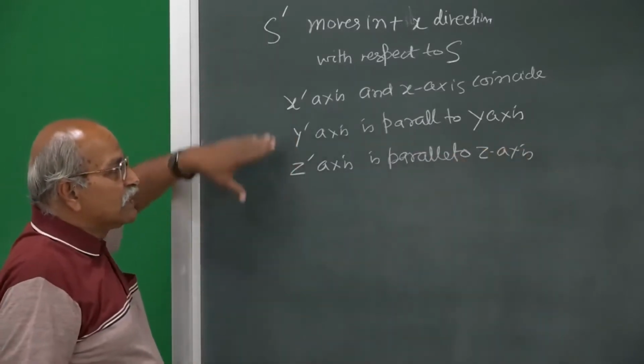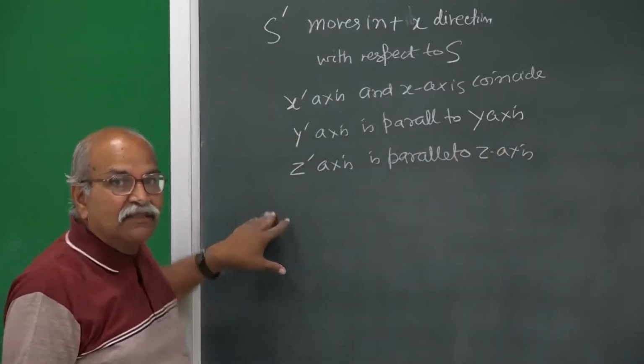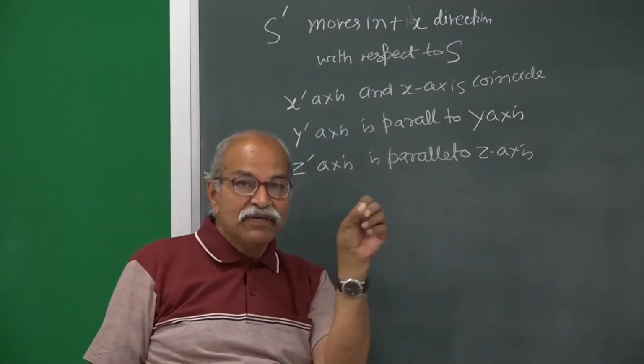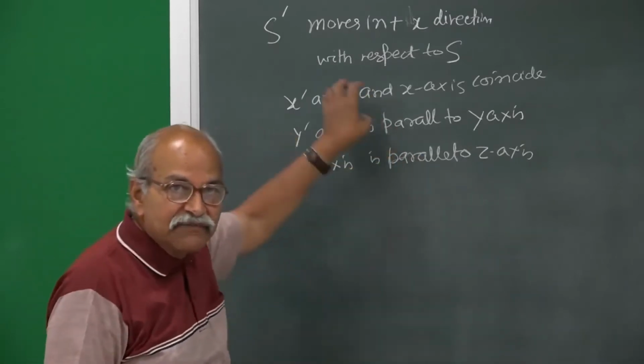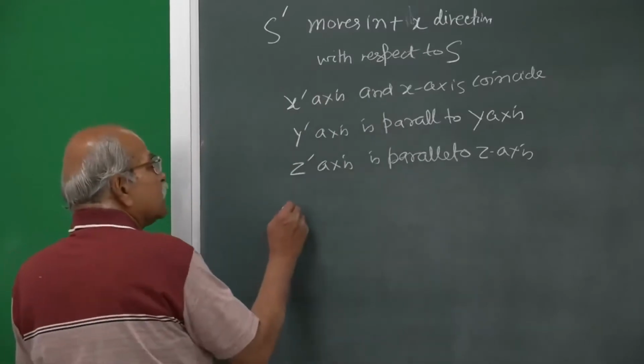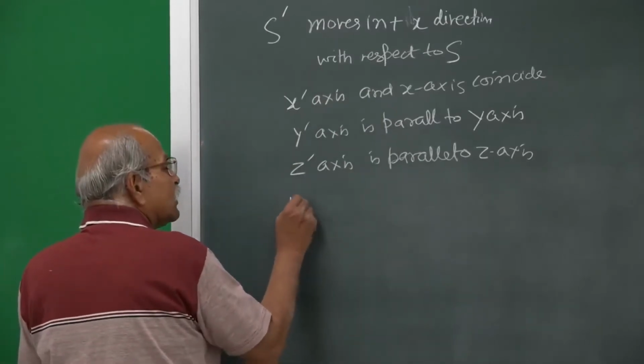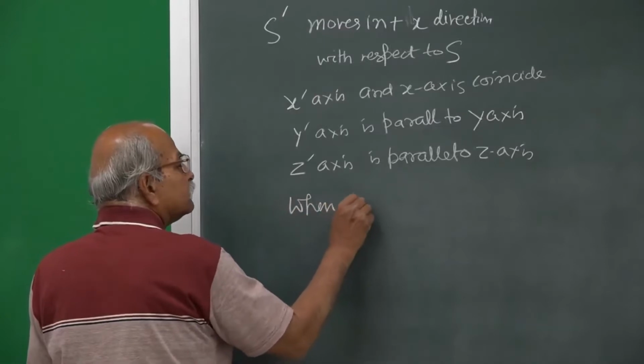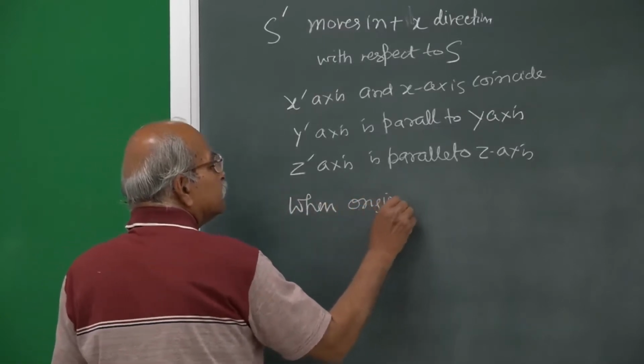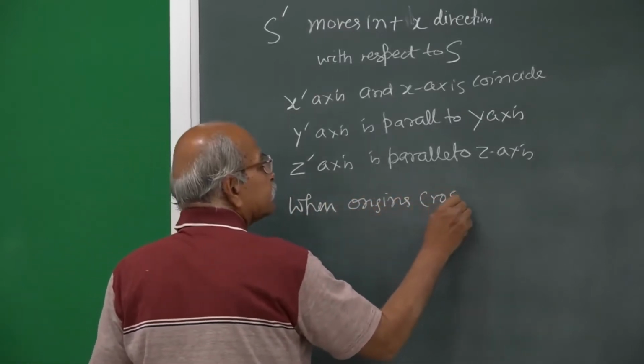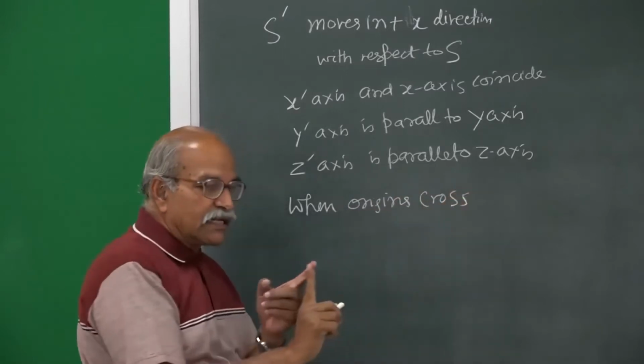And on top of all these things, we also have that time t equal to 0 and t prime equal to 0, that also very specifically we defined for this, that origins, when origins cross, this event, the two origins are at the same place.